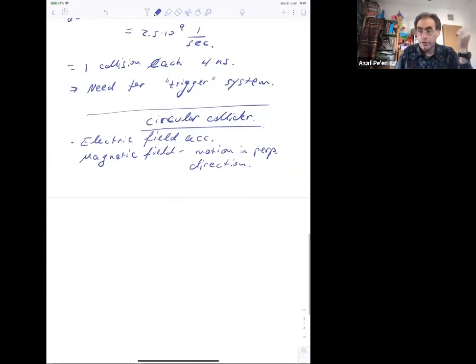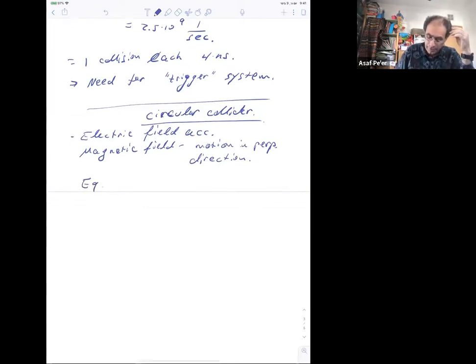So the equation of motion, classically, for the accelerated particle, it's a classical one. I'm sure you've seen that.